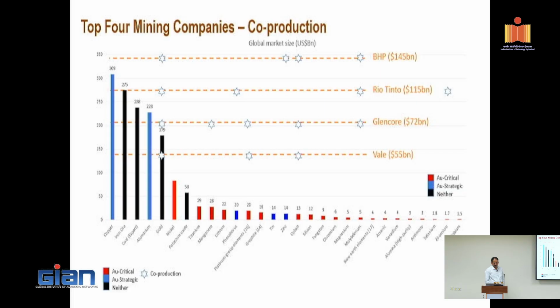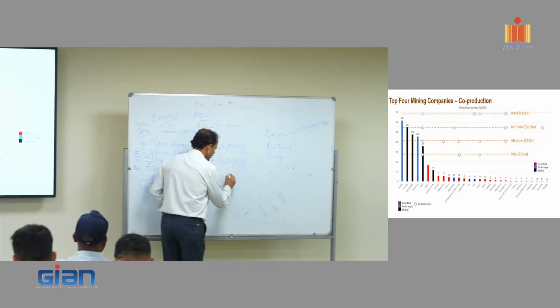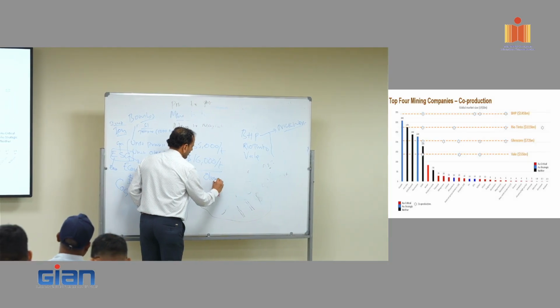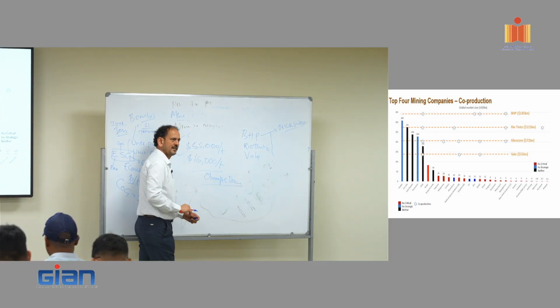Again, same thing. What were we saying? For a mining company, co-production. I was telling you about BHP and Olympic Dam, right? Do you remember Olympic Dam? Where in Australia?